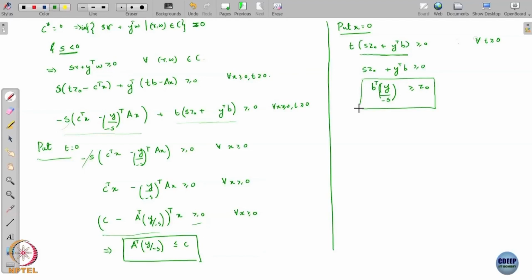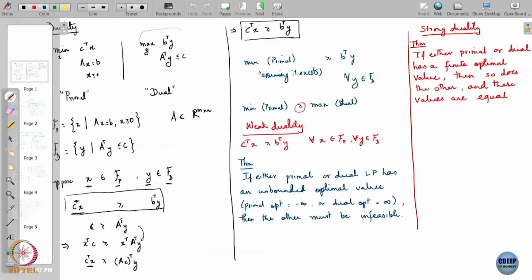So, now what do these two boxed conclusions mean? The first conclusion says that y by minus s satisfies A transpose y by minus s less than or equal to c, which means y by minus s is a feasible point for my dual.